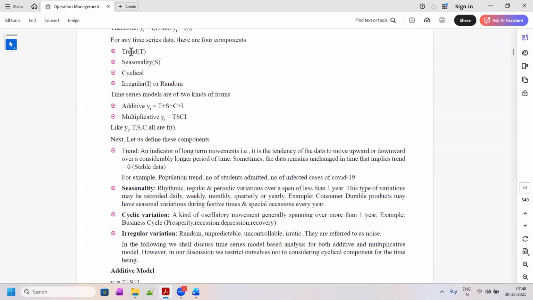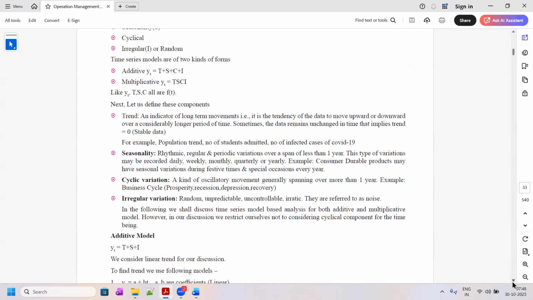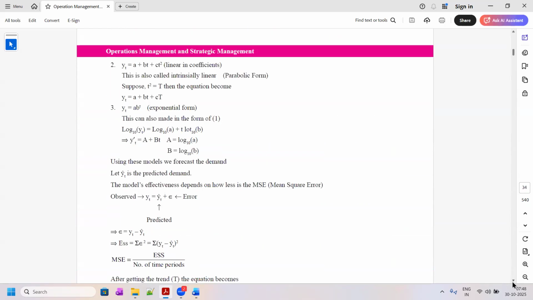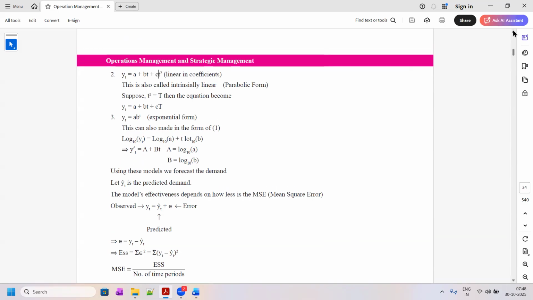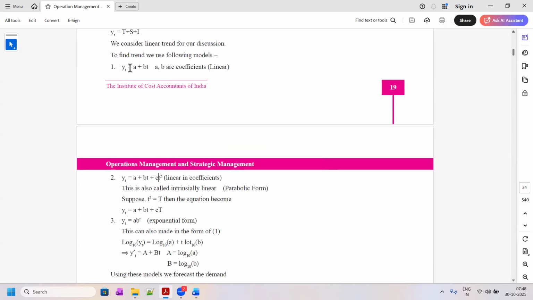To measure the trend, whenever we have the possibility of a trend, we talked about a linear relationship. This is quadratic or parabolic. We have studied the linear relationship, the quadratic relationship, and the exponential relationship.